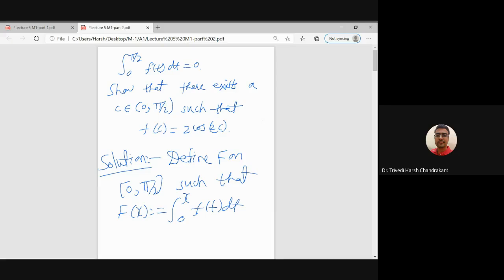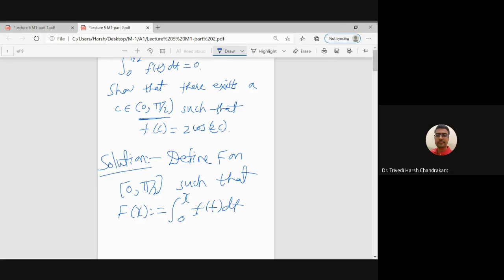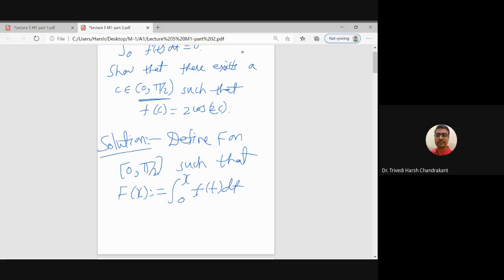So now why we are integrating from 0 to x? Because the left end point of the interval is 0, right? So therefore we are integrating from 0 to x and minus sine 2t.